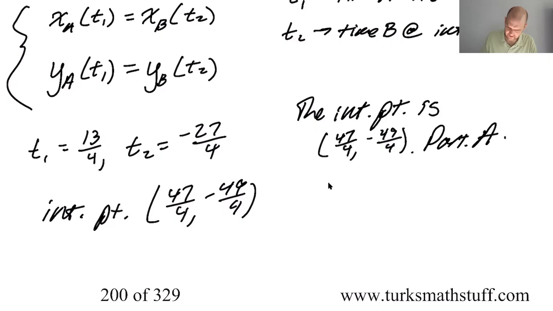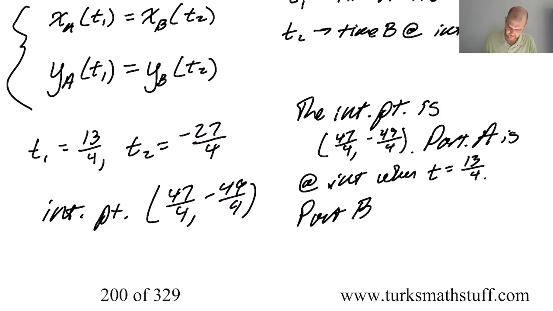Particle A is at the intersection when t equals 13/4. Particle B is at the intersection when t equals negative 27/4.